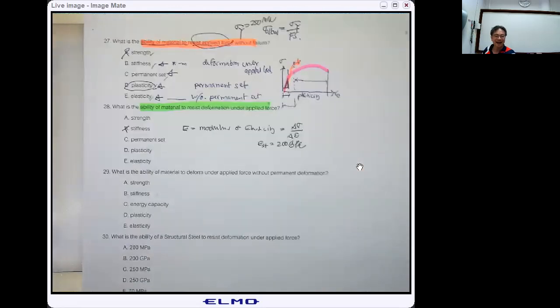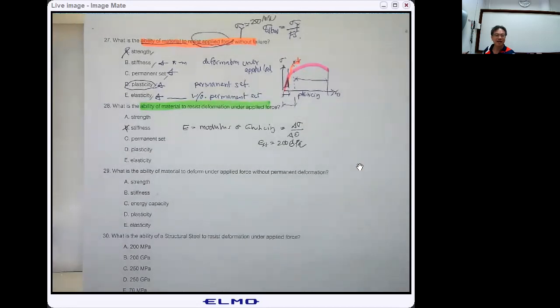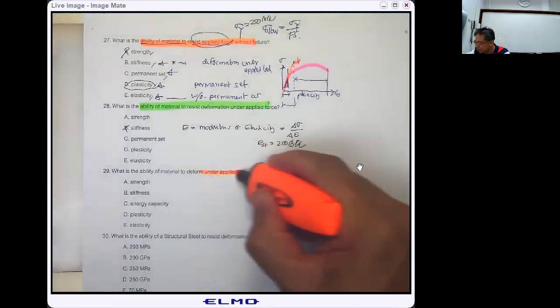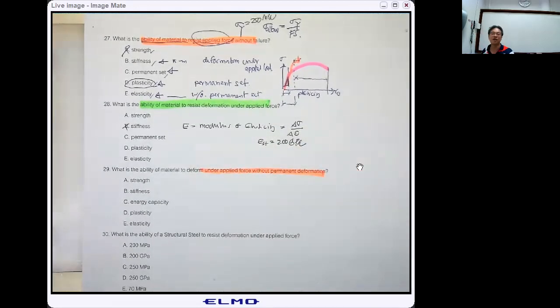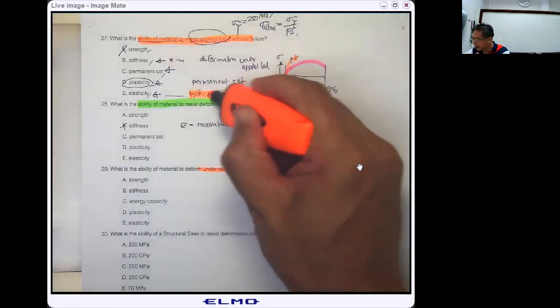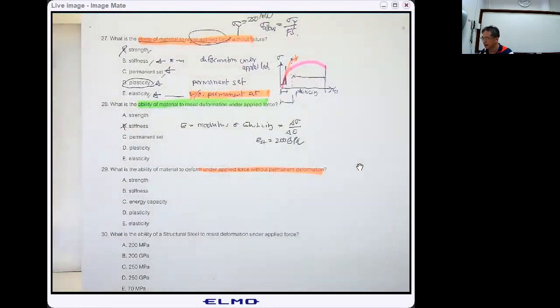And then they ask us, what is the ability of the material to deform under the applied force without permanent deformation? That is without permanent deformation. That is without permanent set.